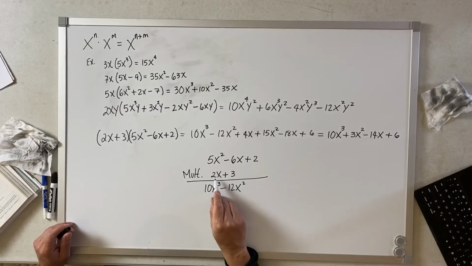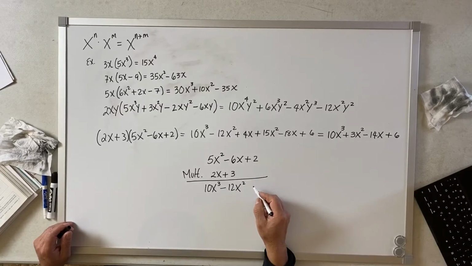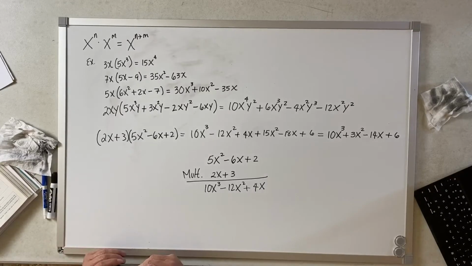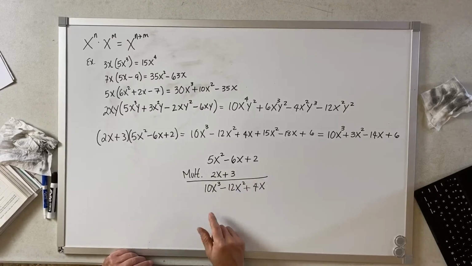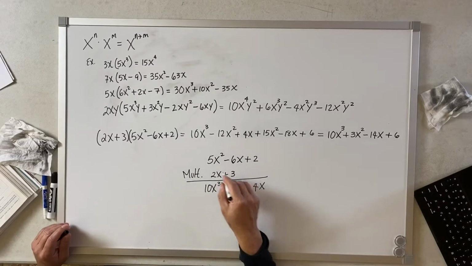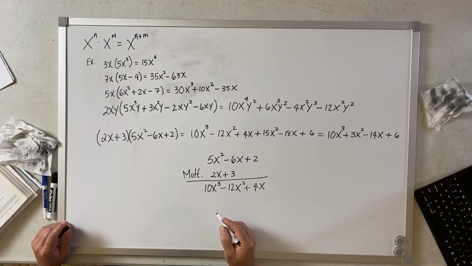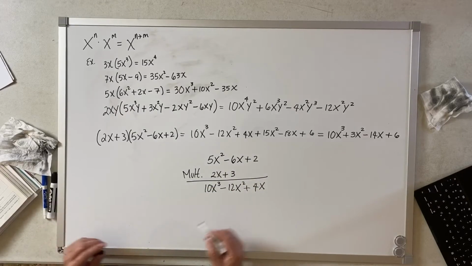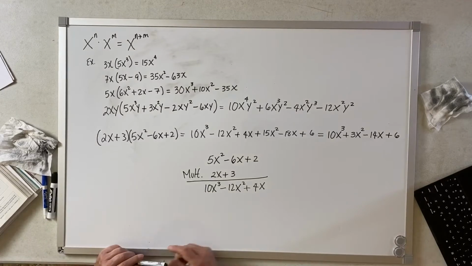And then 2x times 2 is what? Plus 4x. Okay. That's 2x times all of them. Now I'm going to multiply 3 times all of them. 3 times 5x squared is what? 15x squared. And now we're going to see the advantage.